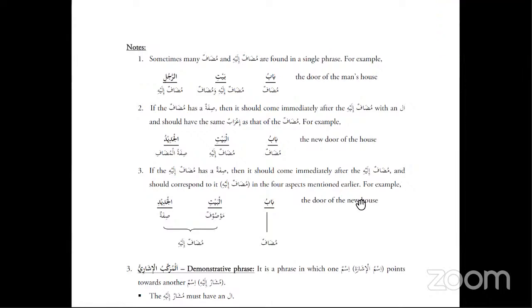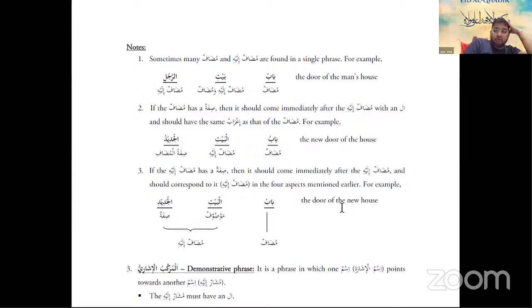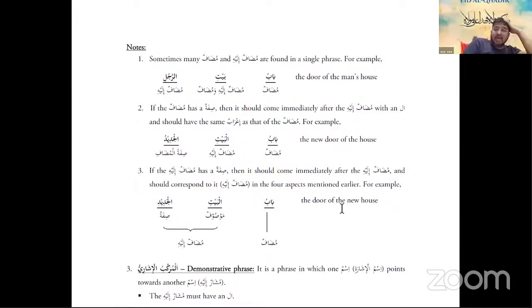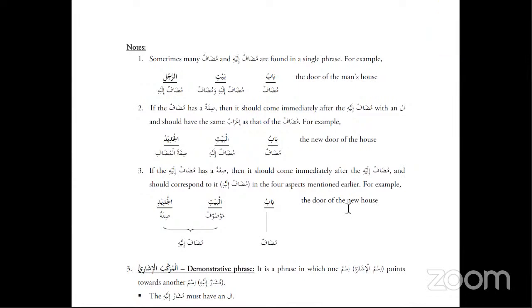Babu, they were the same, except now we have said al-jadidi. Exactly. The door of the new house. Here, the new door. What's here is the house. Is the house new or the door new in the sentence here? Babu al-bayti al-jadidi, the door of the new house. So is the house new or the door new? The house is new.